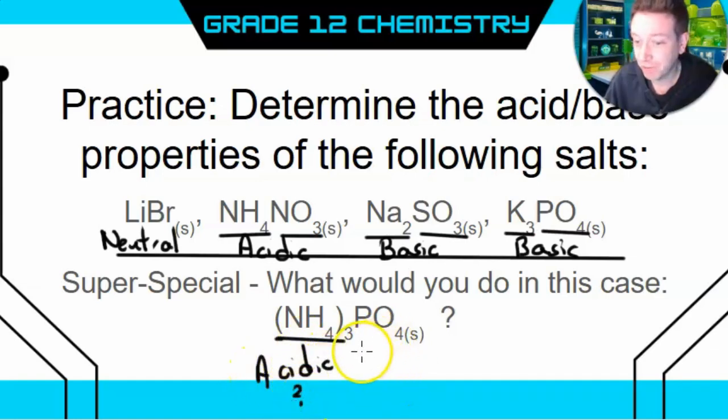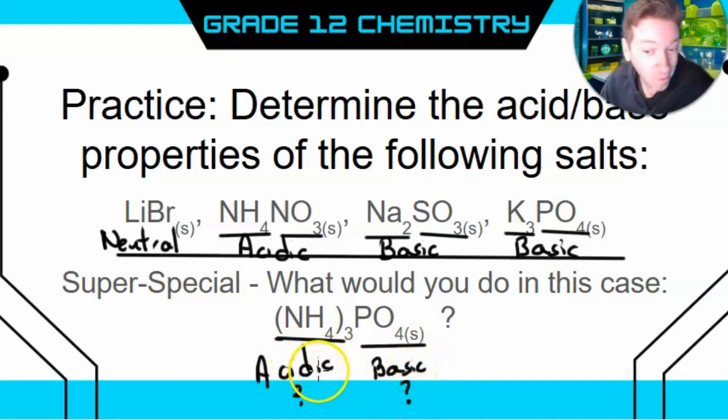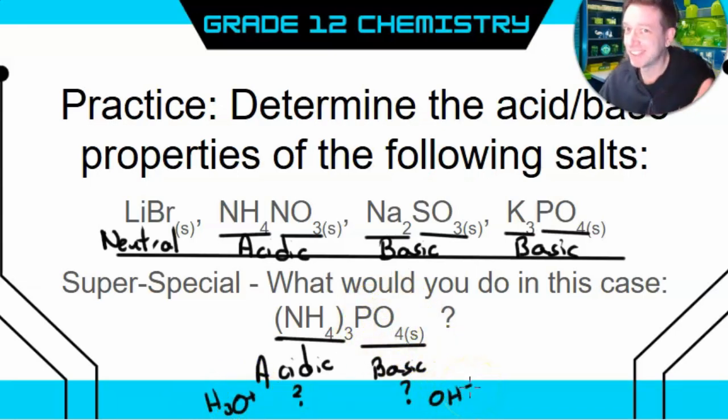But phosphate is the anion of a weak acid, giving us a stronger conjugate base, making it basic. So if our ammonium ions are producing hydronium ions and our phosphate ions are producing hydroxide ions, is this just neutral? No, it's not going to be neutral because they're not going to produce them to the same amount.